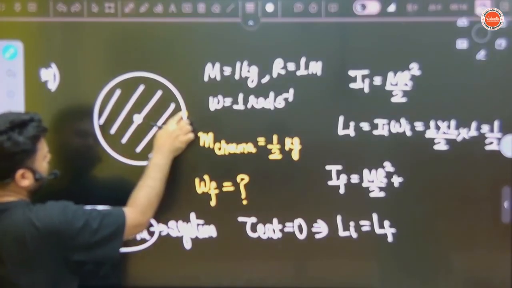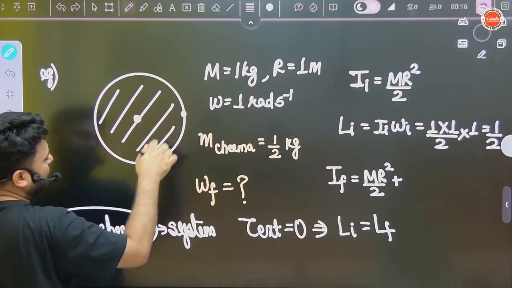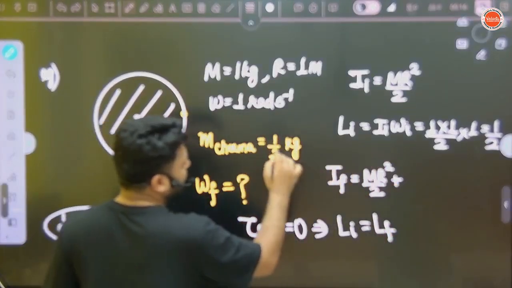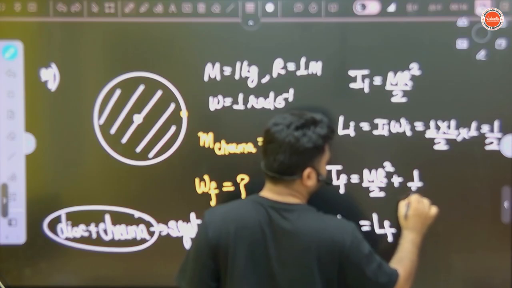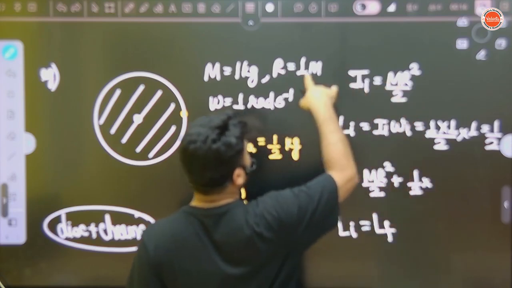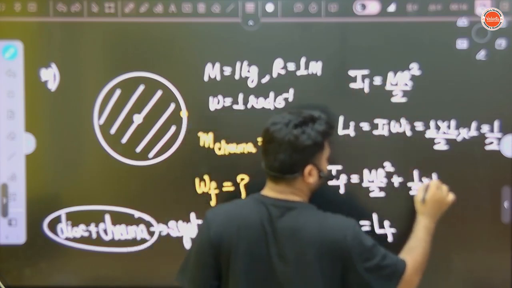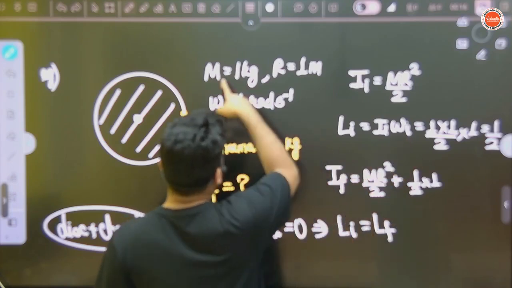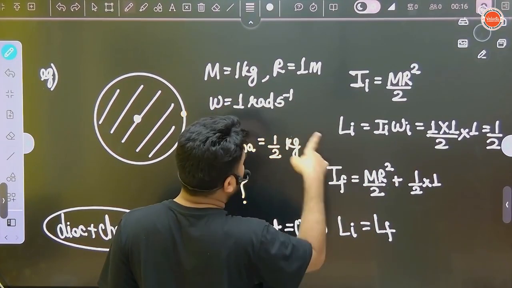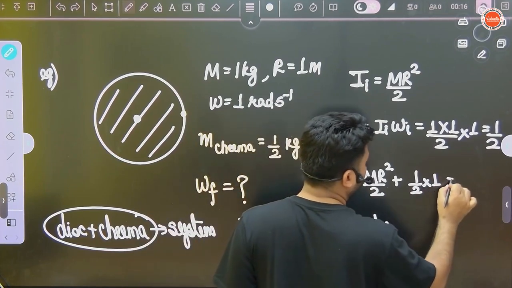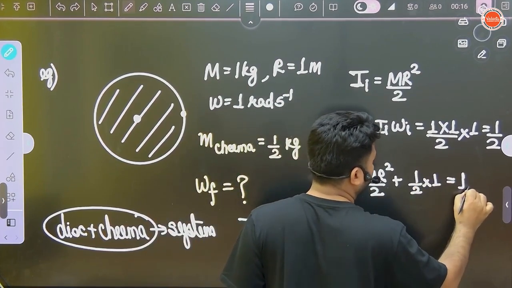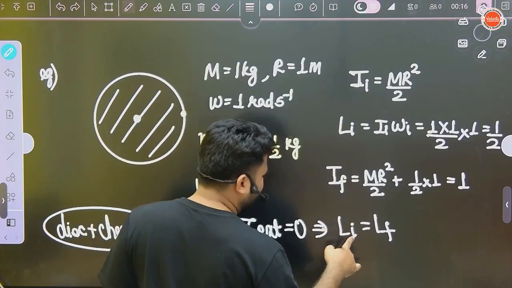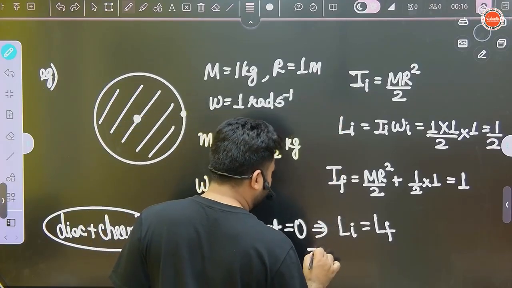What is the moment of inertia? mr square. So mass of chima is half kg into radius square, radius is 1, 1 square is 1. For the CD, mass is 1 and radius is 1, so 1 by 2 plus 1 by 2, this will be 1.